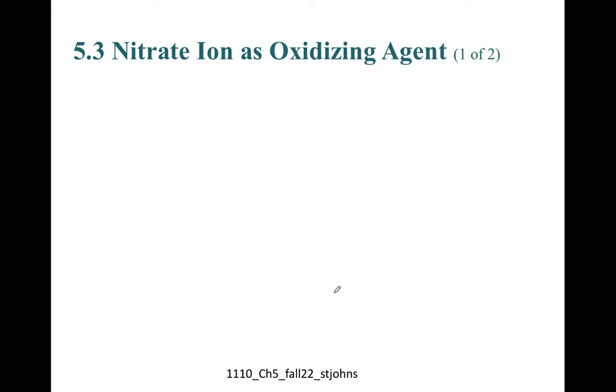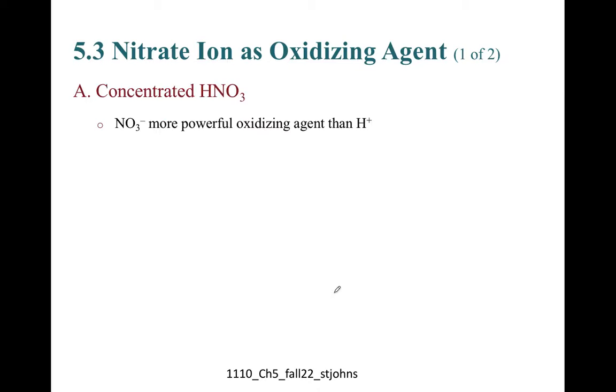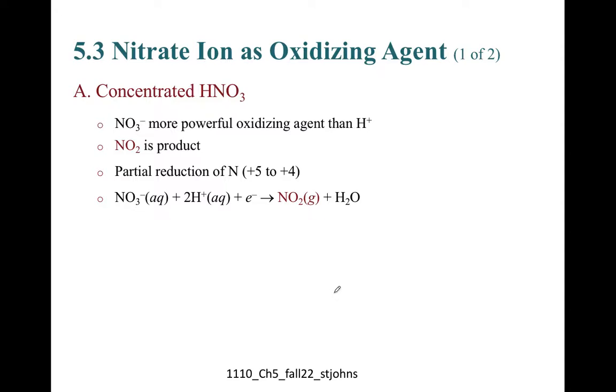Now let's see some specific examples of oxidizing agents in our syllabus and books. Nitrate ion as an oxidizing agent, so reduction happens here. Nitrate is a more powerful oxidizing agent than hydrogen ion. We already checked the condition: the one that works as the oxidizing agent is the one whose anion is stronger than hydrogen ion.